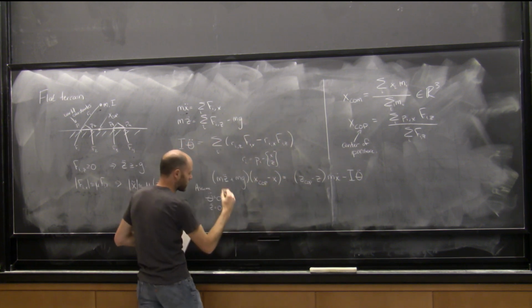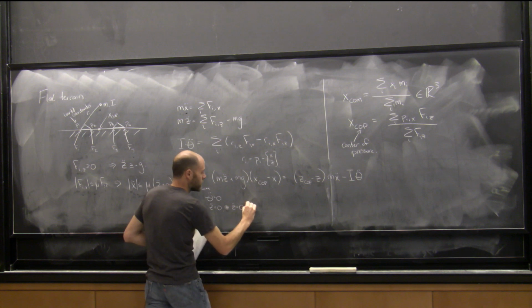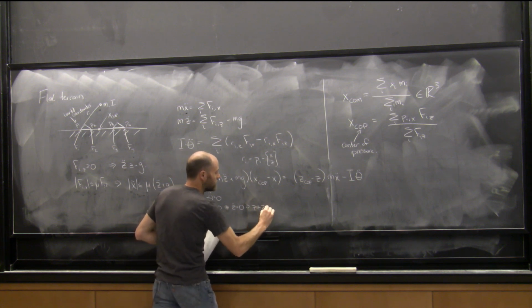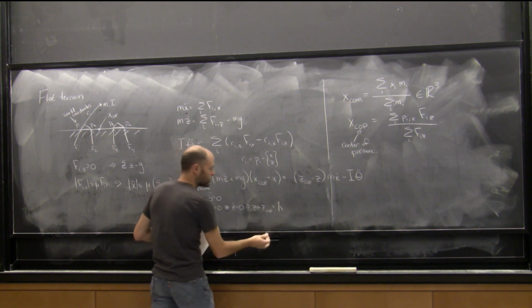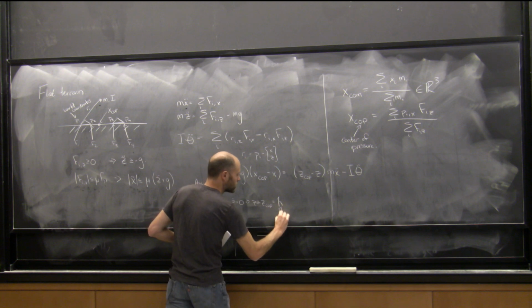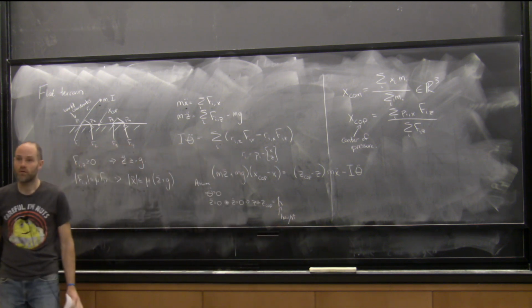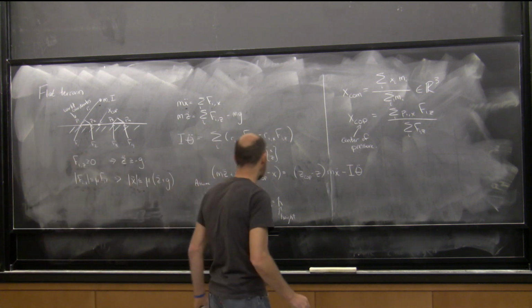I'm additionally going to enforce that this equals 0. z minus z center of pressure is just some number h. Okay? Height of the robot.